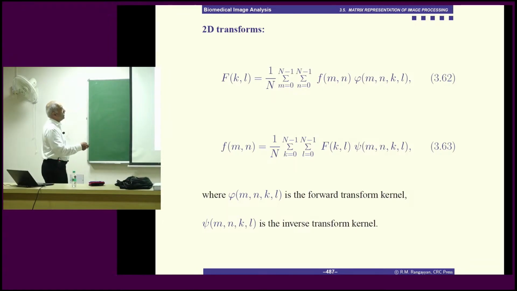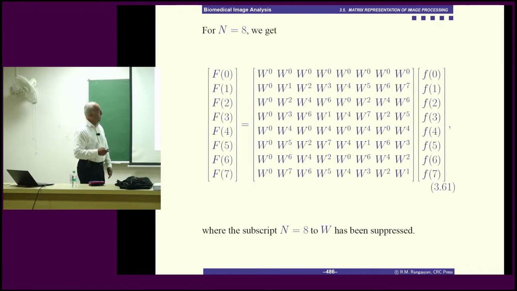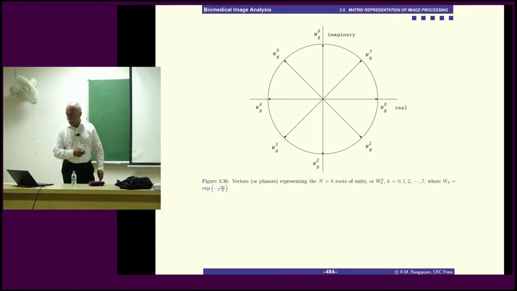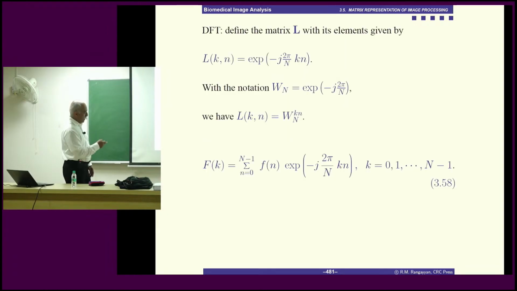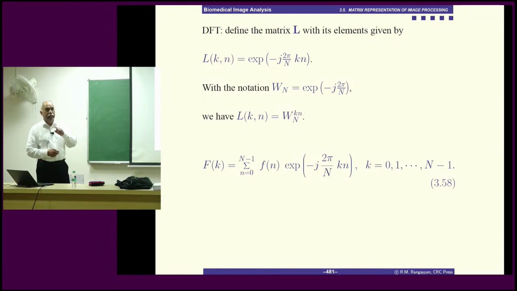F(k,l), the transform, is given by f(m,n), the input, multiplied with this kernel function or basis function, which now has 4 dimensions. In the 1D case, the kernel function had 2 indices. The input has 1 index, but the transform has 2 indices, k and n, n for time, k for frequency.